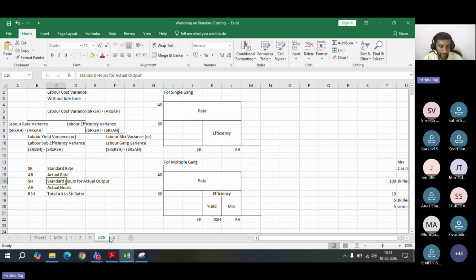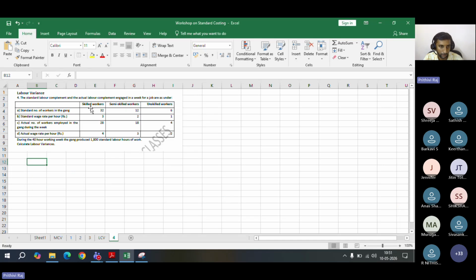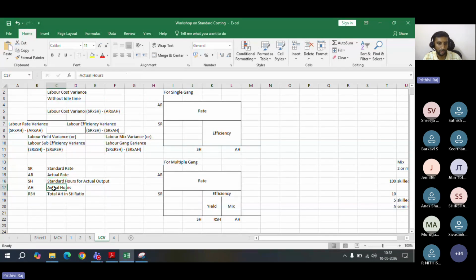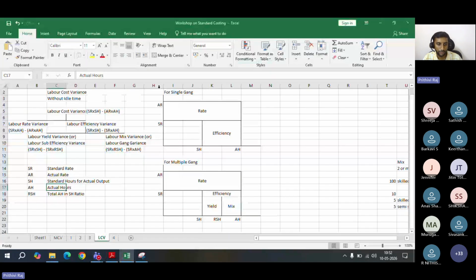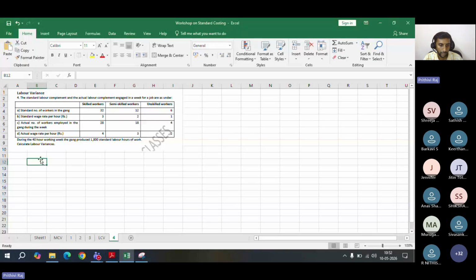There are 40 hours worked and 32 labors, so SH is 32 into 40. Actual hours is actual labor hours. Just remember that point.